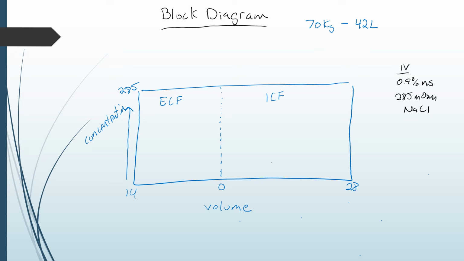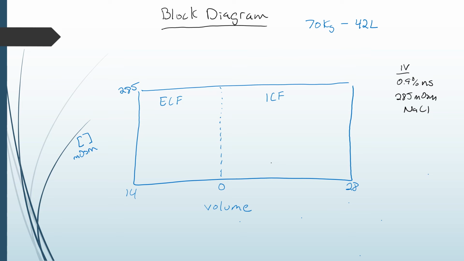So let me just erase this arrow here. I'm going to move some things over here just to make it a little bit easier to work with. Remember that that axis right there represents concentration, which I'll just denote as brackets over here, in milliosmoles. So let's say I have this patient and I give them 1 liter of normal saline.